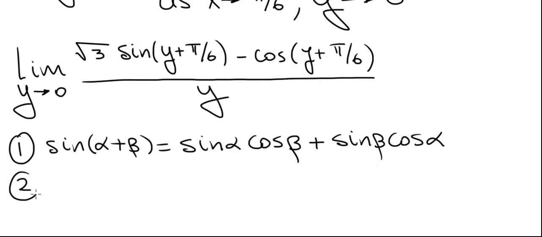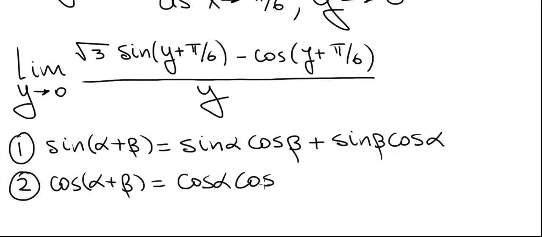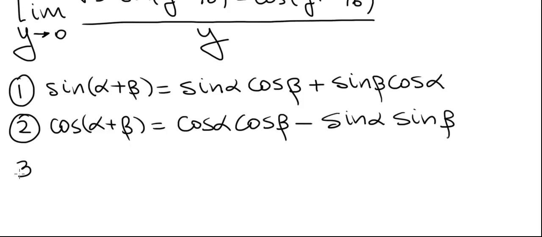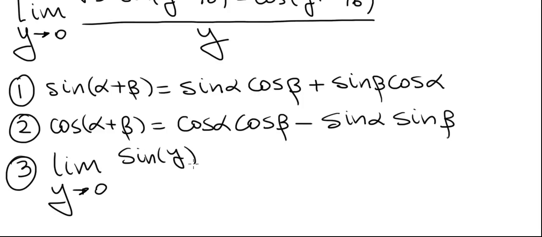The second result is cosine of alpha plus beta is equal to cosine alpha cosine beta minus sine alpha sine beta. And the third result that we're going to need was derived in an earlier video, and that is the limit as y approaches 0 of sine y over y is equal to 1.